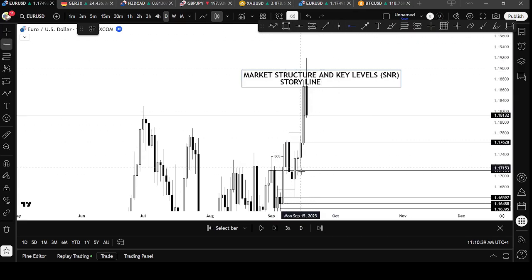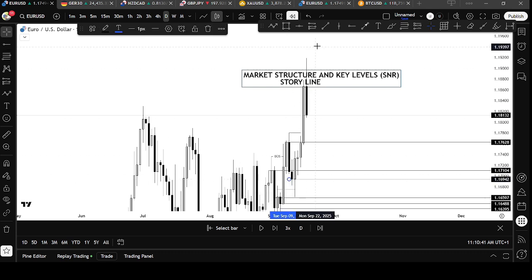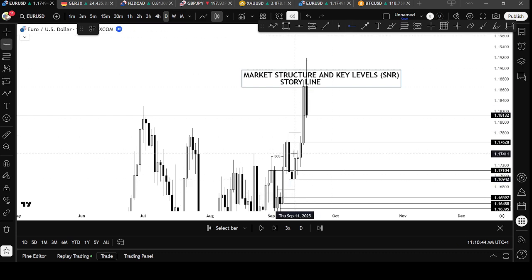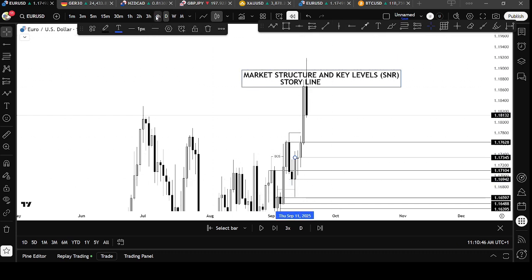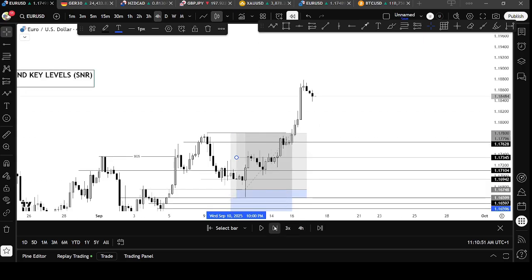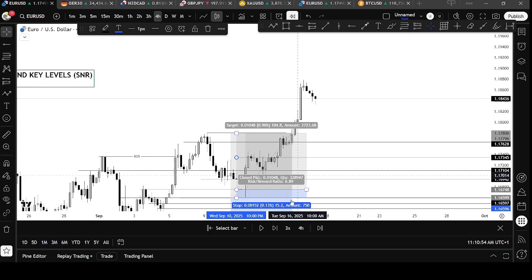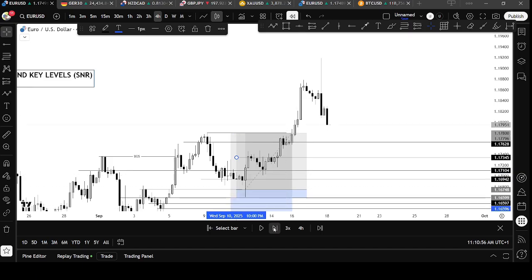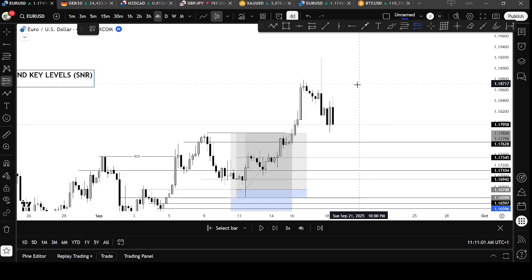We also have an OCL there, another fresh level, and still have this level here. And then the next thing for me to do is to look for confirmation to sell from there. I'll know that I'm selling from up here down to this place.